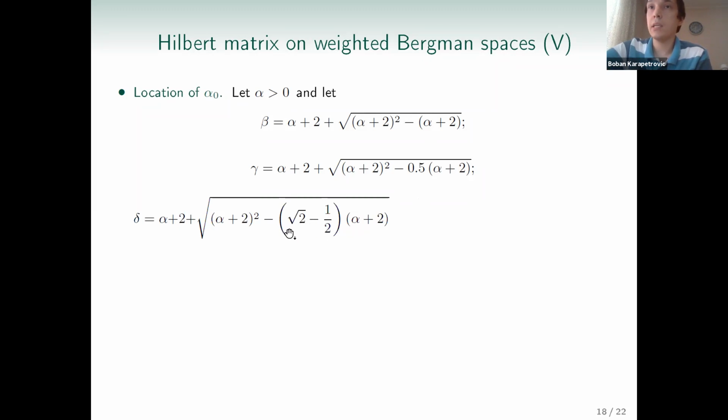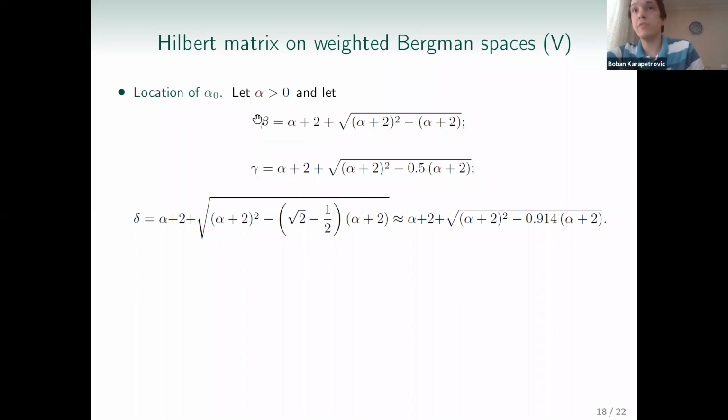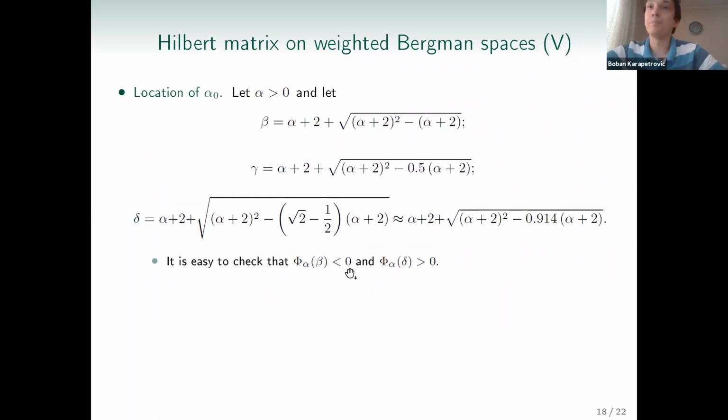And this is approximately, I think, 0.914. So this number is very close to beta, and of course beta is smaller than delta, and delta is smaller than gamma. And it is interesting that alpha_0 is between beta and delta. So it can be checked that function phi of beta is less than 0, and function phi of delta is greater than 0.